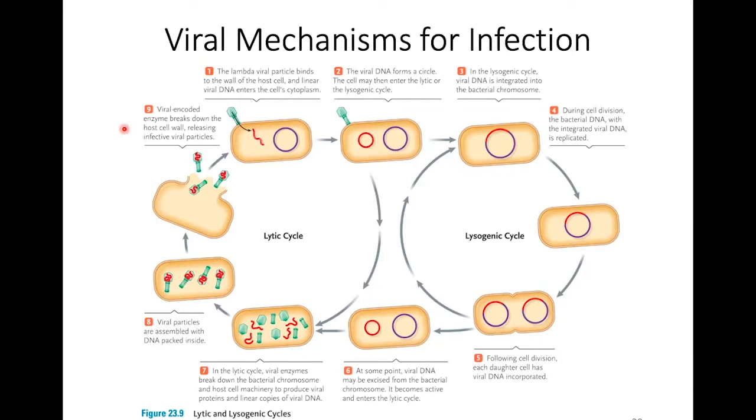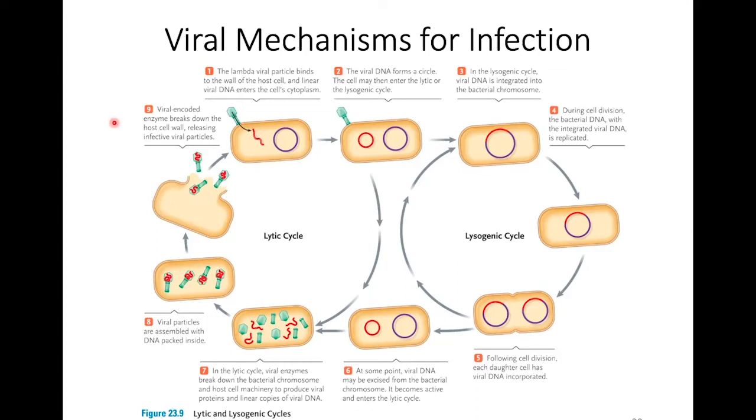So whether it's a bacterial cell that they're infecting or one of our own cells, the viruses are going to be going through this lysogenic cycle to replicate their DNA. And then they will enter into a lytic cycle where the new viral particles are assembled so that they can produce enzymes that break down the host cell wall, break out of that cell wall, destroying the host cell in the process, and enter into the extracellular space.